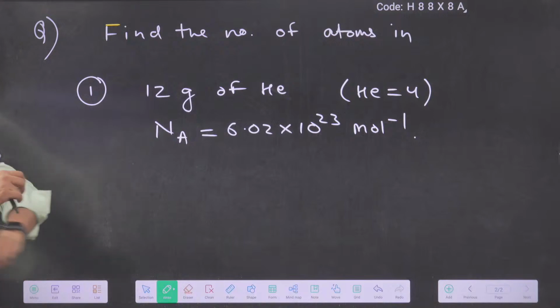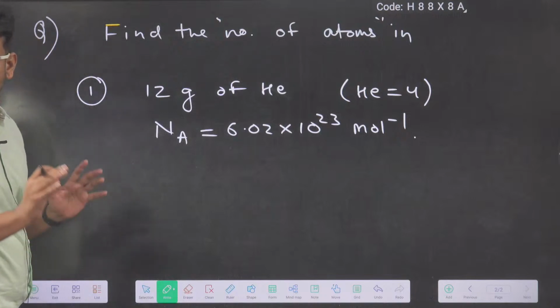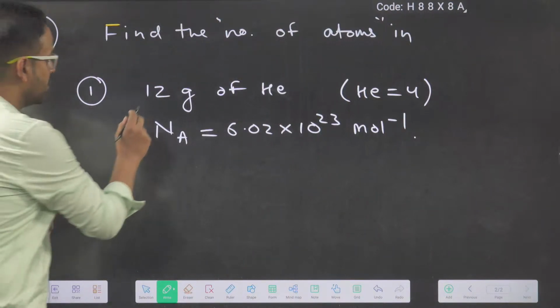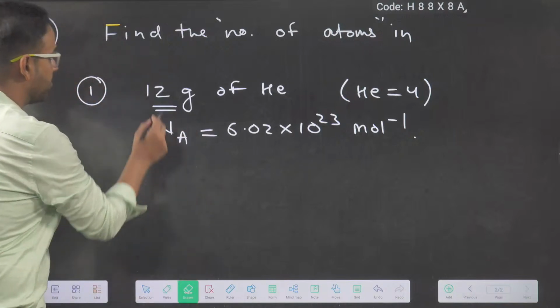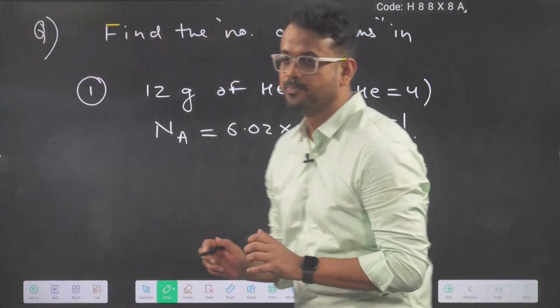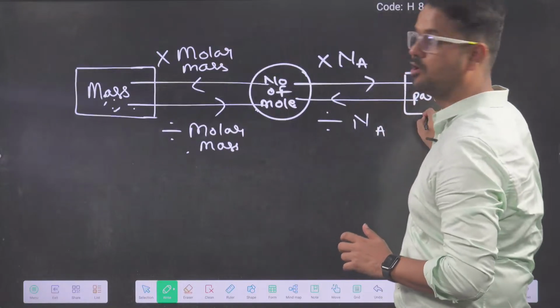Very quickly I will illustrate how to do this. We have to find the number of atoms, the number of particles. So boys and girls, our first step would be to calculate the number of moles. Please try to identify the pattern of the problem. What is given? Mass is given. And what is asked? Number of particles is asked.